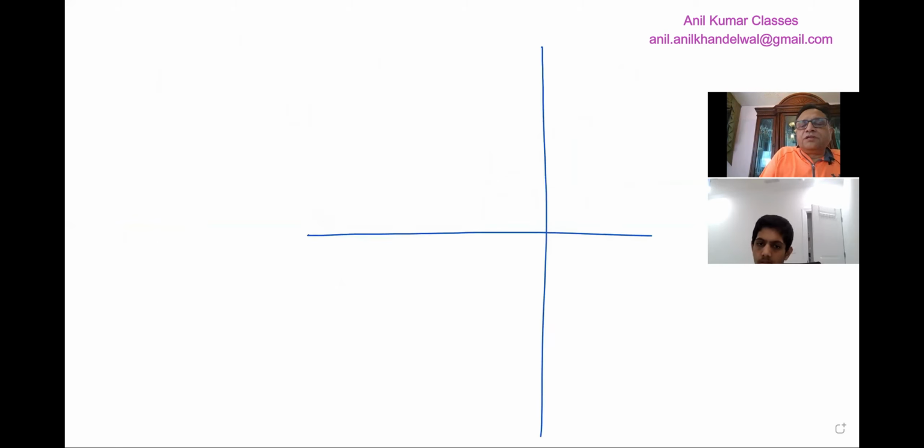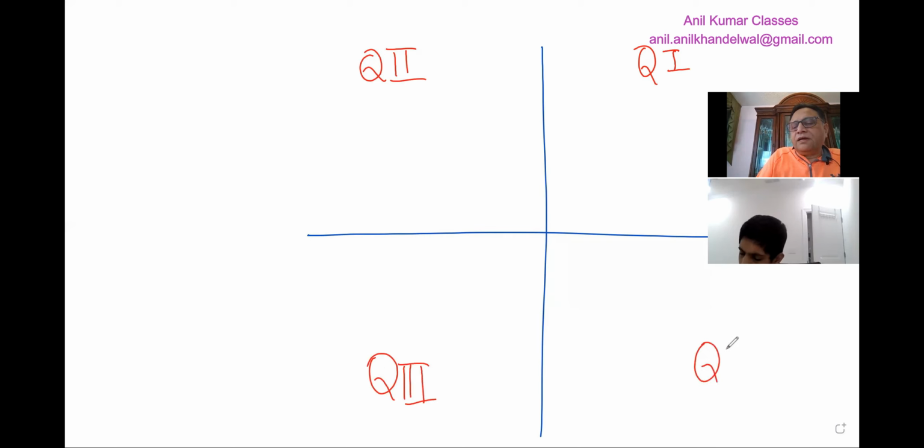So you have to summarize this learning on this particular page. We are looking into the coordinate system, and in a coordinate system, we have four quadrants, right? Quadrant 1, quadrant 2, quadrant 3, and quadrant 4.